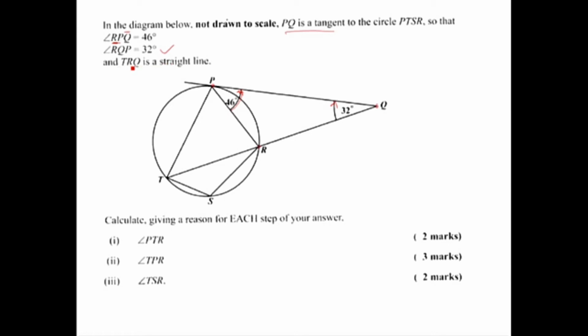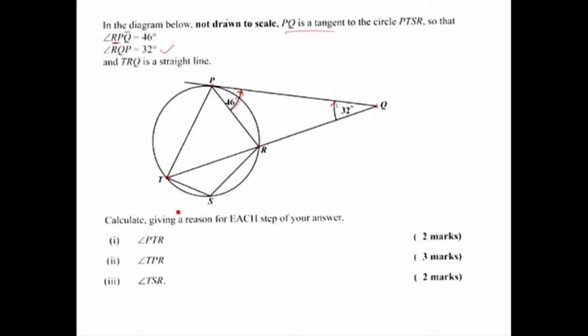If you move from T to R, then R to Q, you're not going to have any turn moving from R to Q. So it's a straight line right from T to Q. There's no angle symbol like in this case right here.